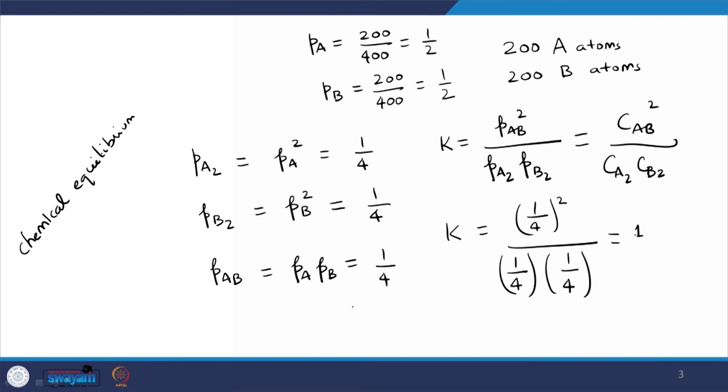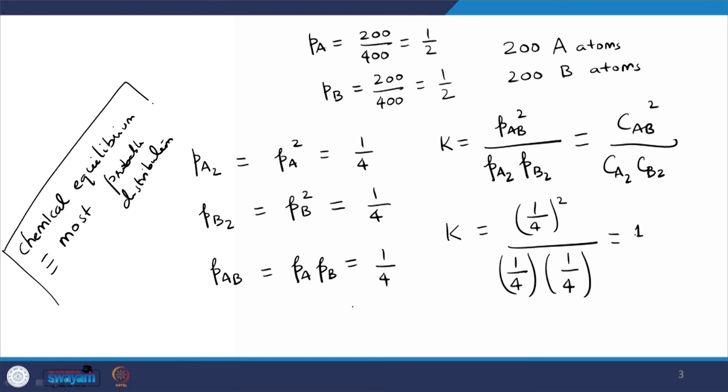simply refers to the most probable distribution of the molecules. In the coming classes, we will argue that even the thermodynamic equilibrium, as we say, also refers to the most probable distribution.